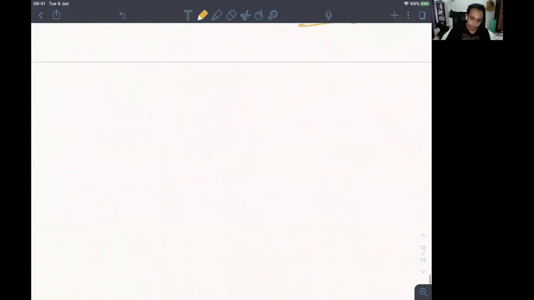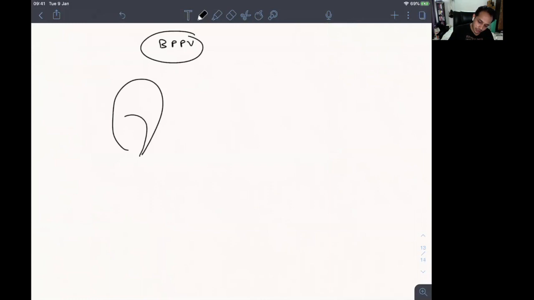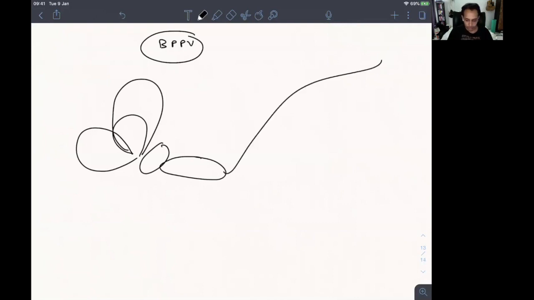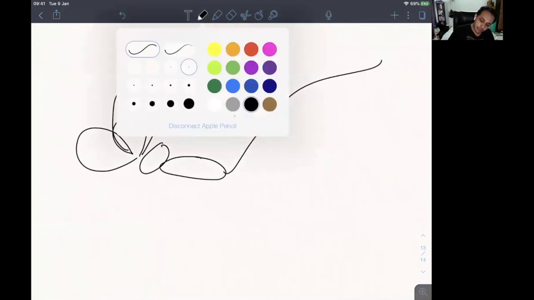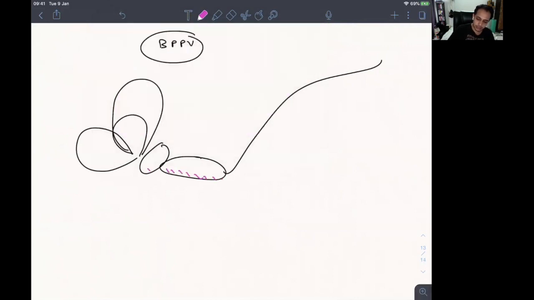One line on BPPV specifically. The concept of BPPV is that within the vestibular system, I mentioned that there are semicircular canals, utricle, saccule, and then the vestibular nerve. And within the system, there are hair cells.